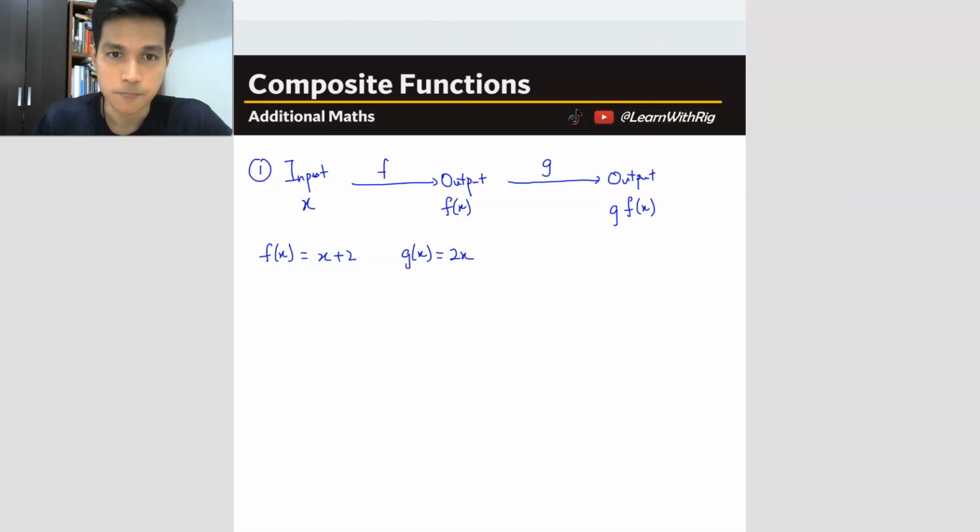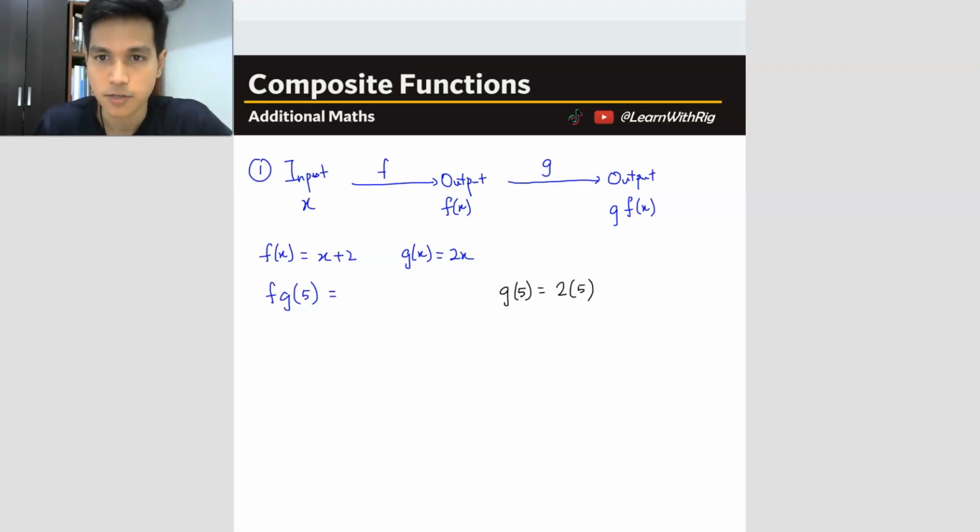In this question, let's say the question asks you for fg(5). They want you to find g(5) first, and after that you substitute into the f function. So the first step is we find g(5). g(5) is a normal function, which is what we have done before. g(5) will be 2 times 5, because it's 2x.